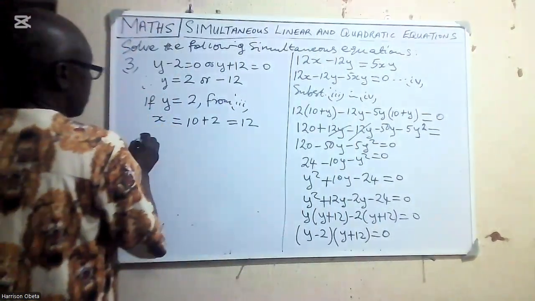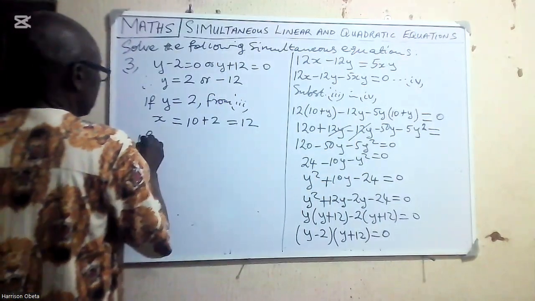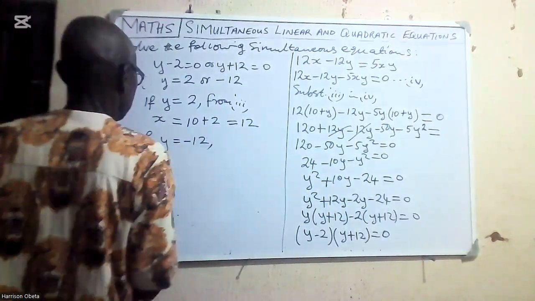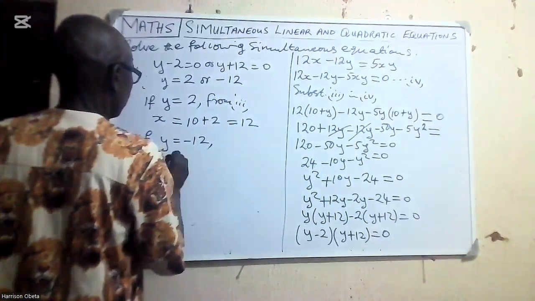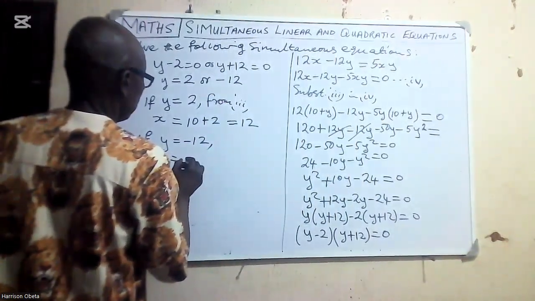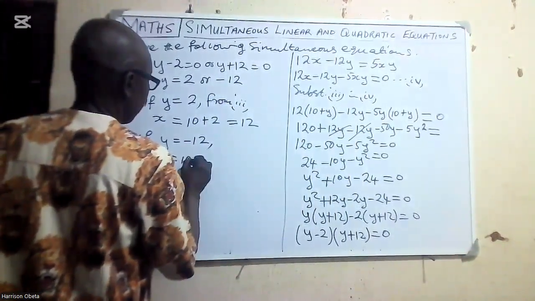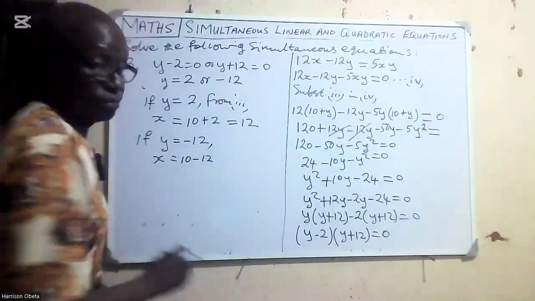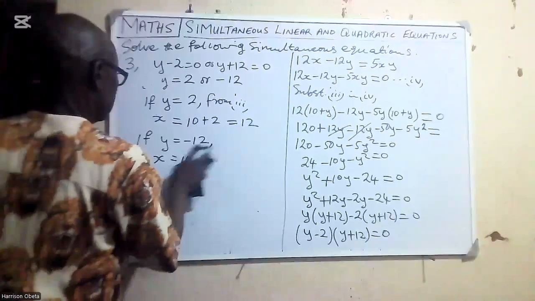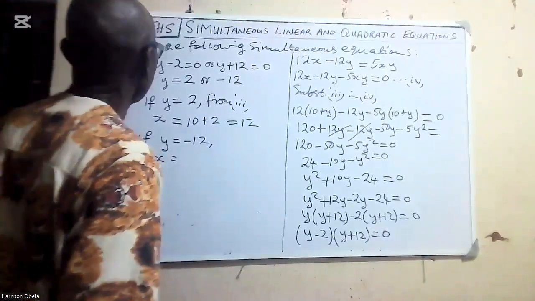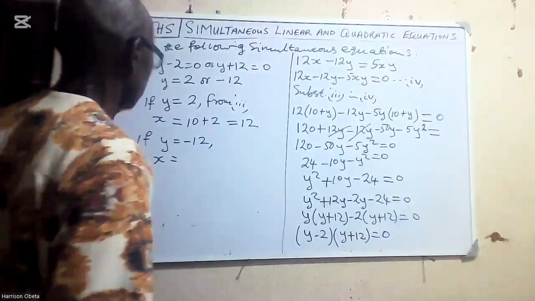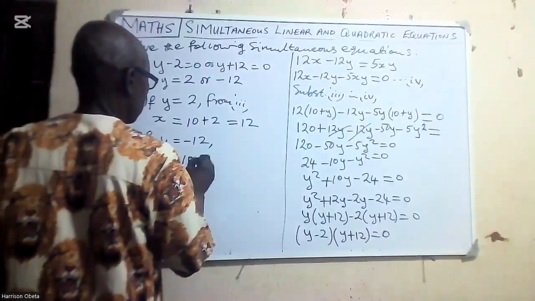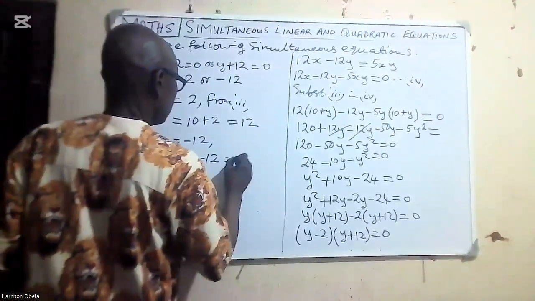And then if y is equal to minus 12, then x should be equal to 10 minus, if y is 12, okay, it's correct, then it will be 10 minus 12, which is equal to minus 2.